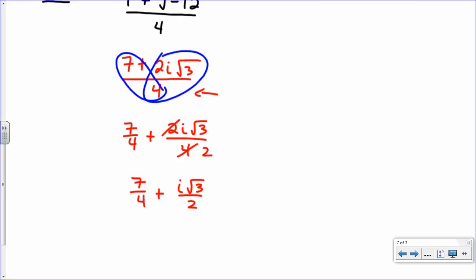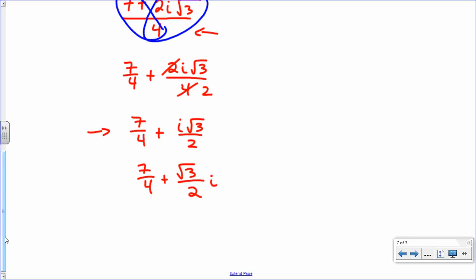Again, you might see this i out to the front, especially in this case, because then it says a plus bi. I'm fine with you leaving it like this, but I know the book will write it like this with the i to the side.